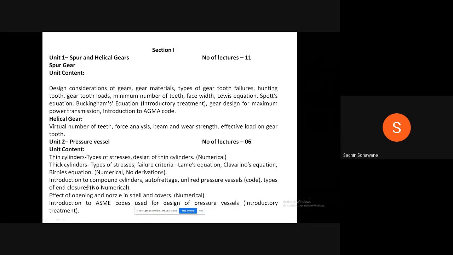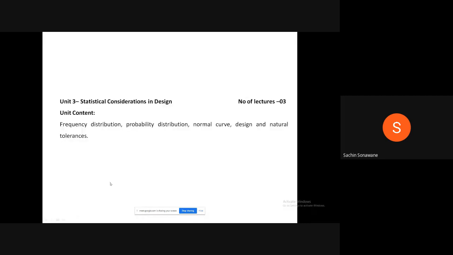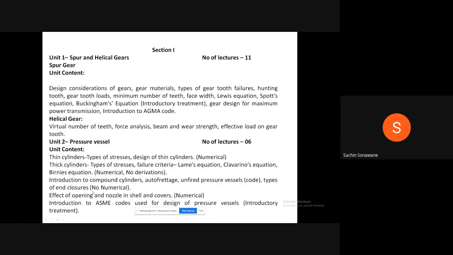Then introduction to compound cylinders, autofrettage, unfired pressure vessels code, types of enclosures. For types of enclosures, there is no numerical, only theory will be there.